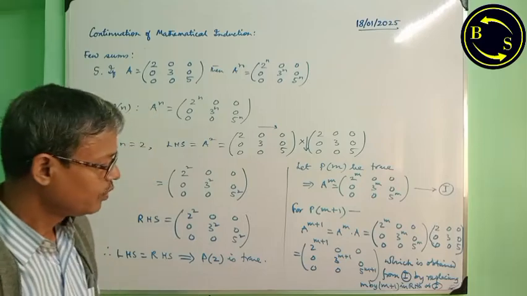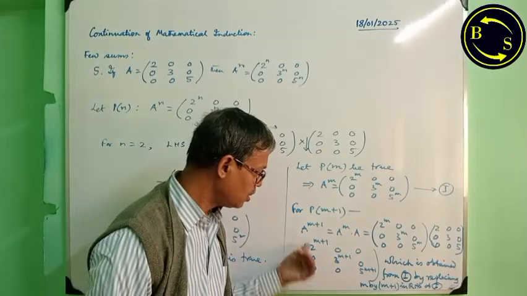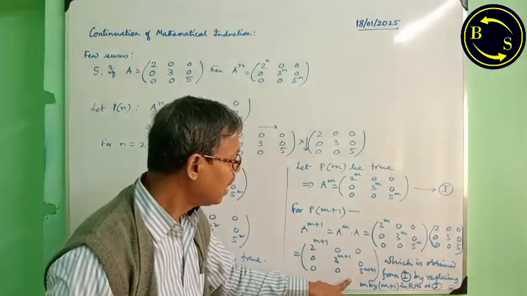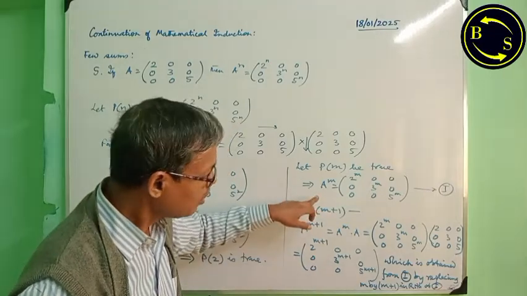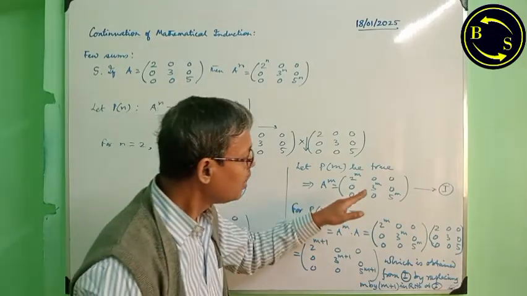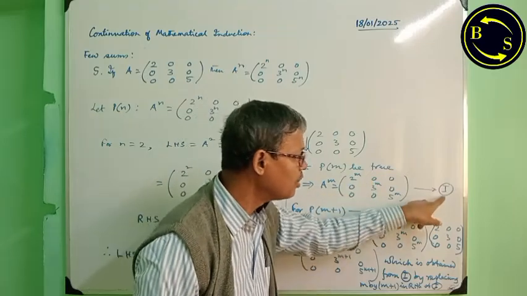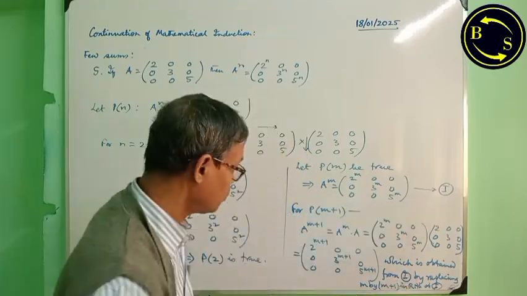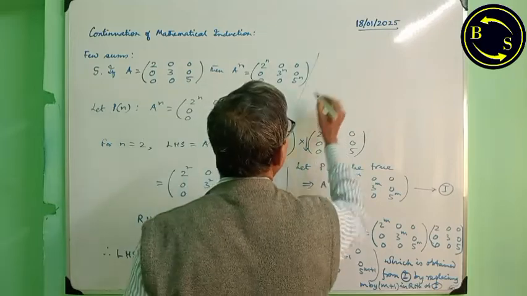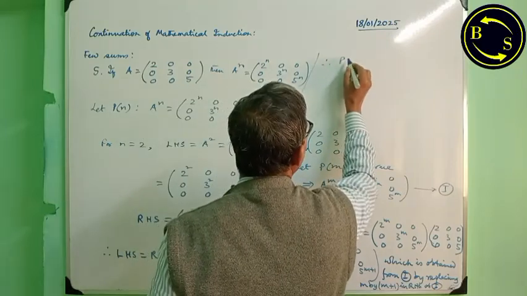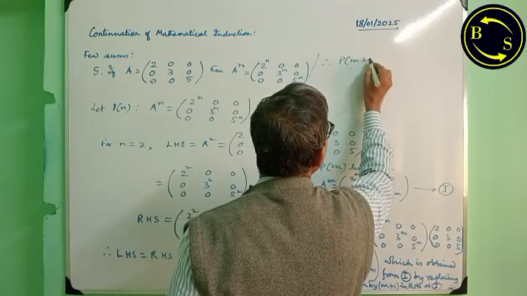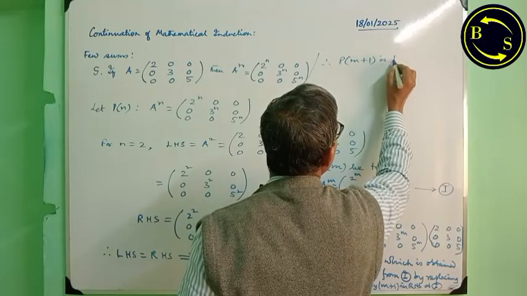Follow that. By actual multiplication we have got this result, and this will be obtained if we replace m by m+1 in 1. Therefore, comment is P(m+1) is true.